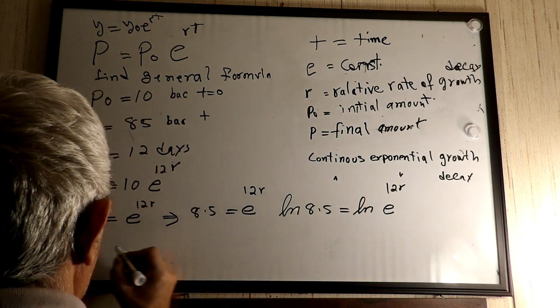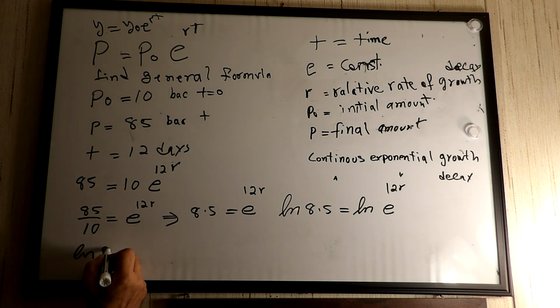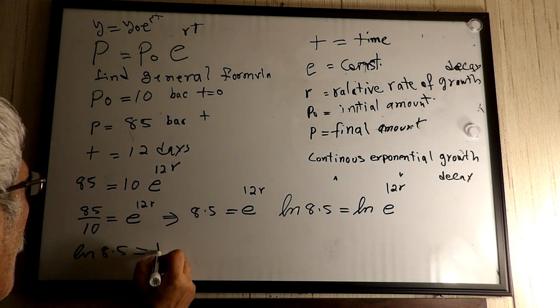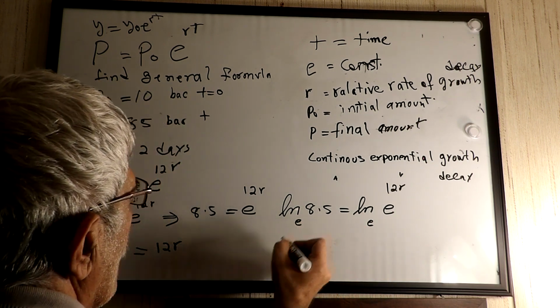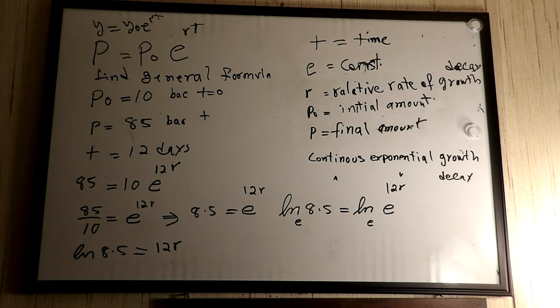Actually ln 8.5 is equal to 12r, because ln has a base of e.